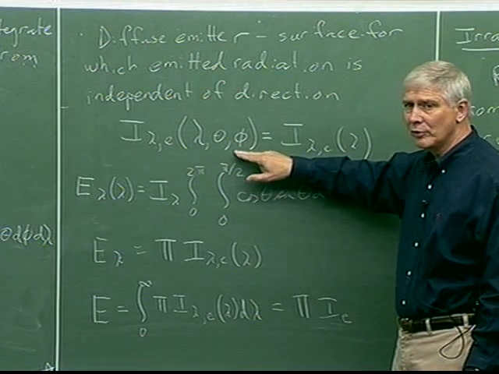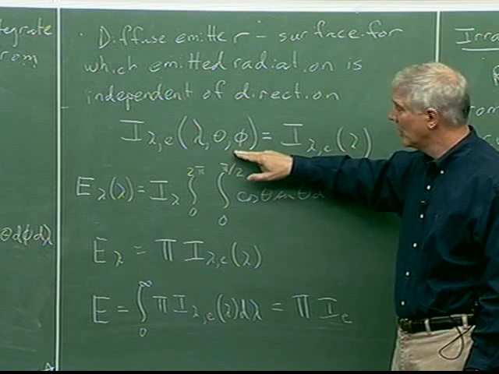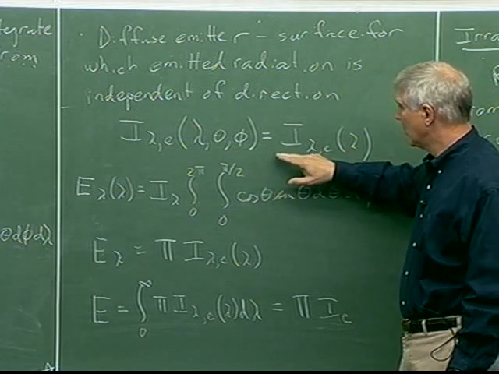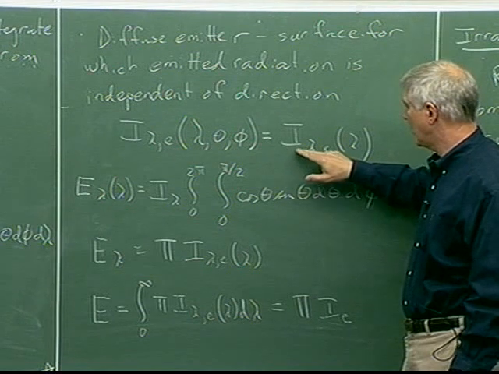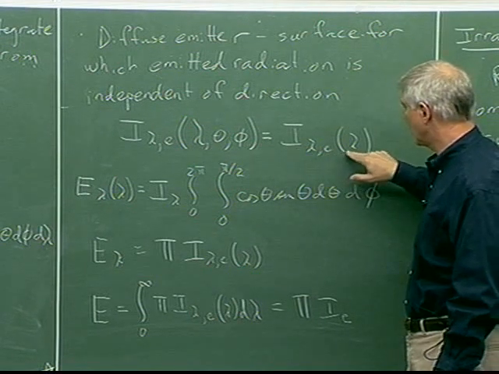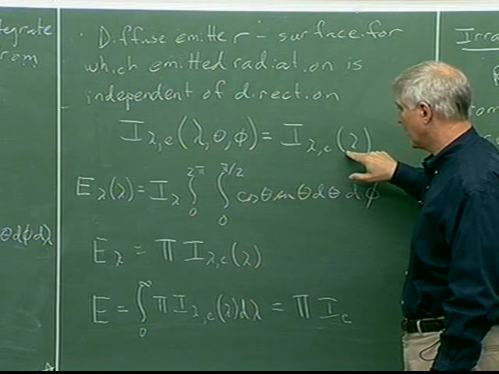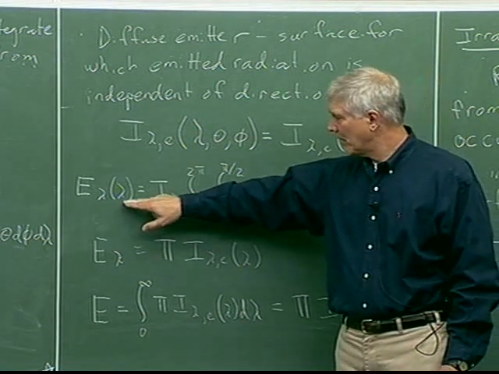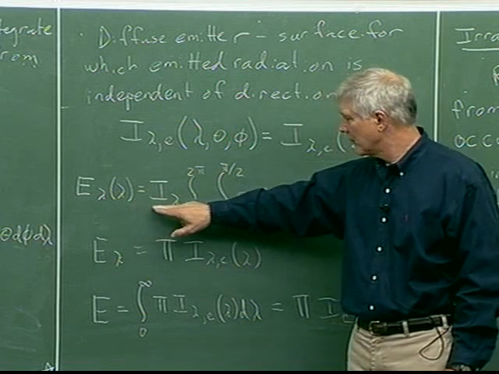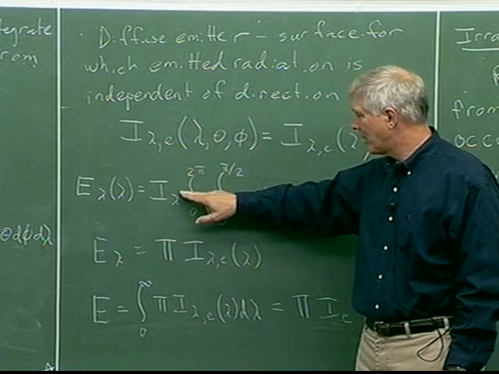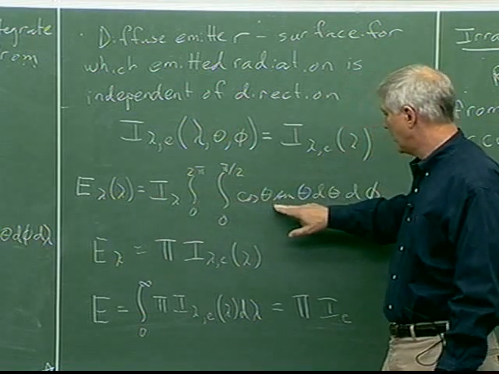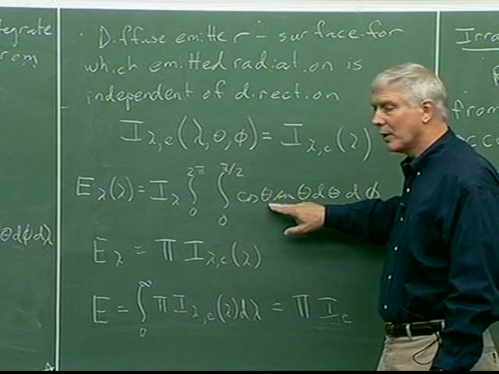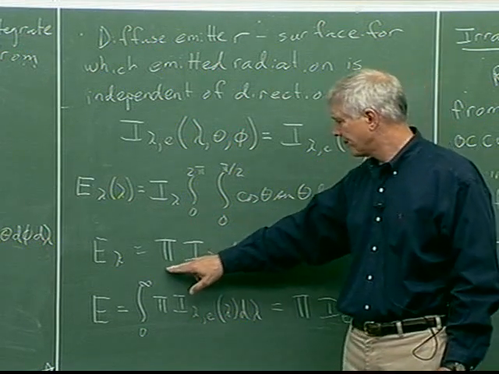Well, if we call it a diffuse emitter, which is frequently the case, we can get rid of that directional dependence, and we can just say that the spectral intensity is a function only of the wavelength. So then we can find the total spectral emission. That means that the I can come out of the integral, and so then we can integrate this, and for a hemisphere, we get pi.